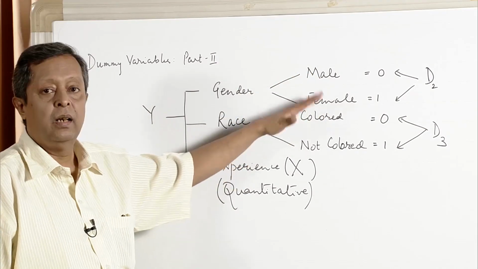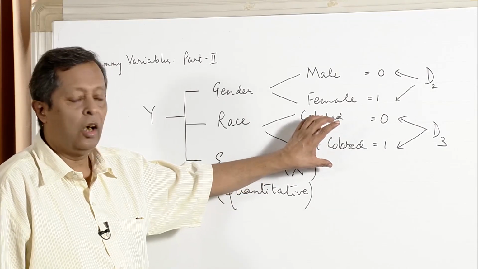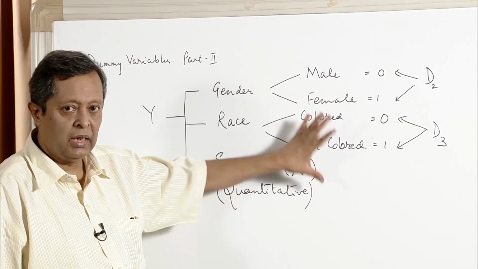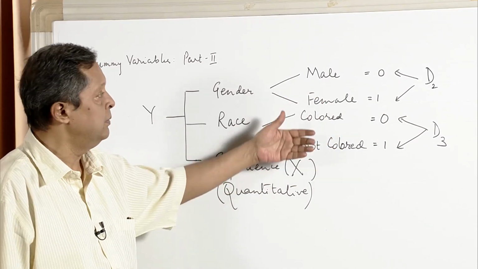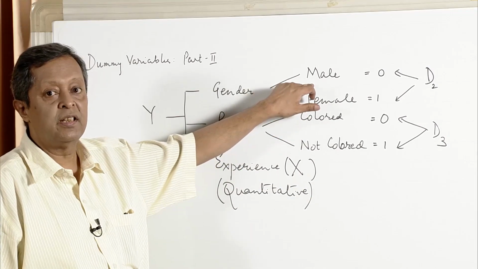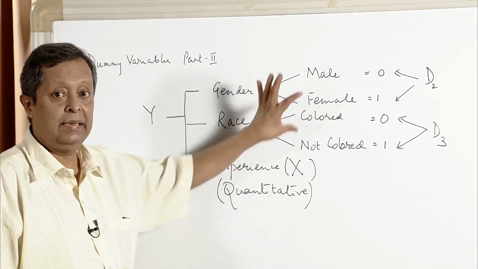If there is racial discrimination, then the differential impact of being not colored or being colored will be conditioned by gender discrimination also, that is whether the person is a male or a female. So, how do we take into account that interaction?